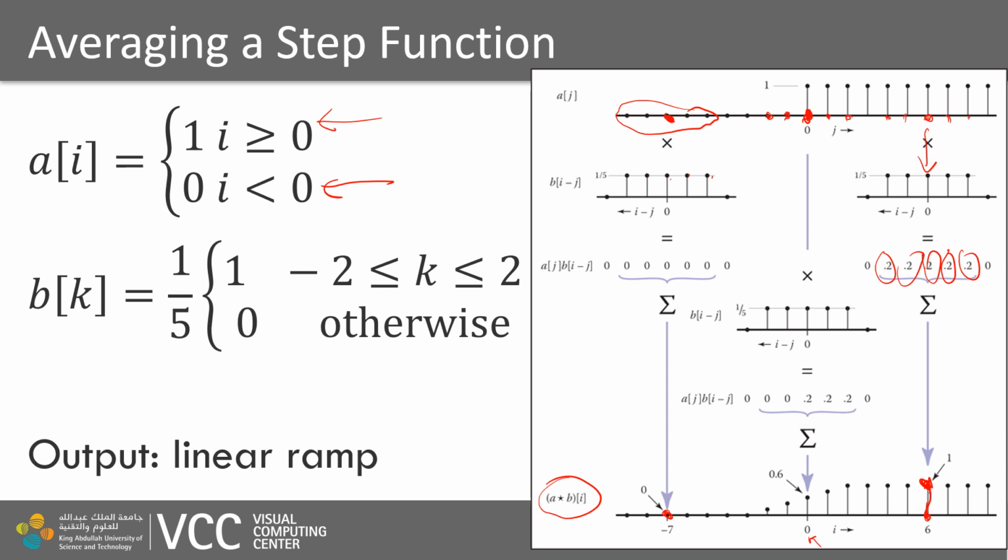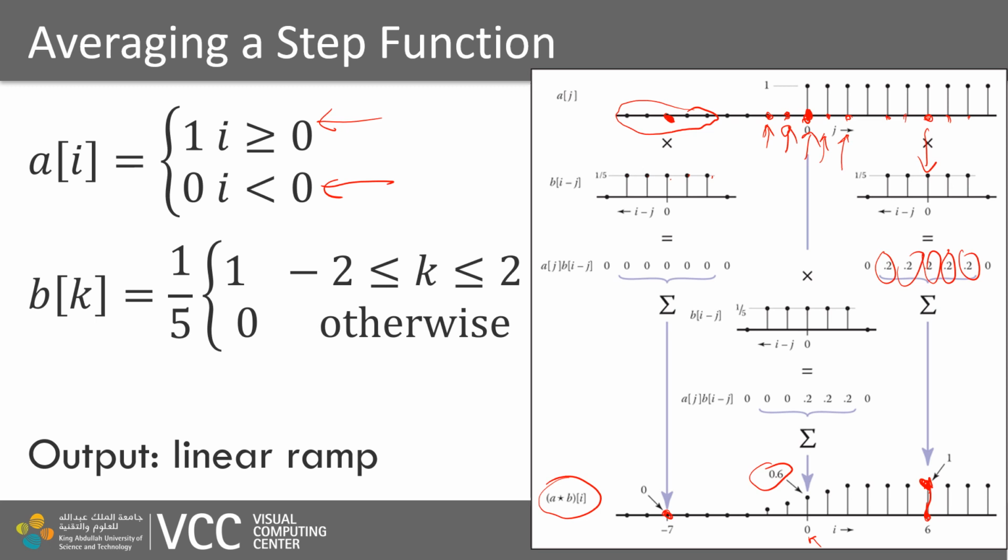Well, 1/5 times 0, 1/5 times 0, 1/5 times 1 is 1/5. 1/5 times 1 is again 1/5, so we have 2/5. 1/5 times 1 is again 1/5, which in sum are 3/5, which is equal to 0.6.